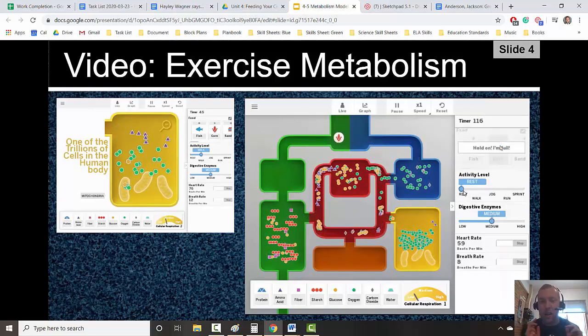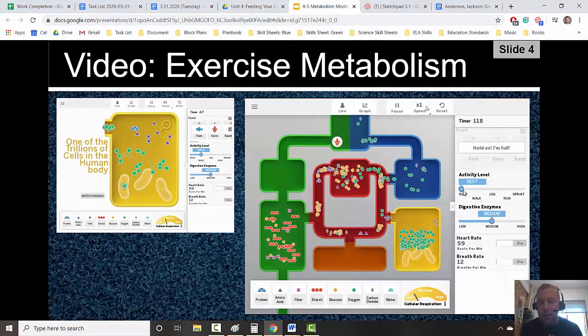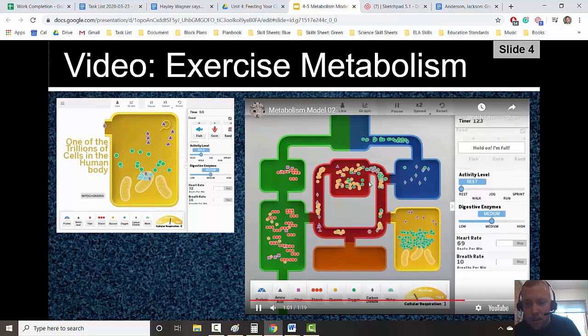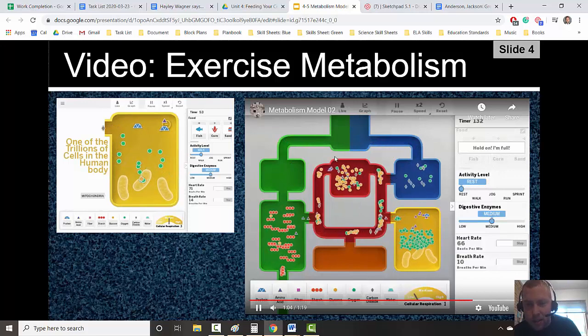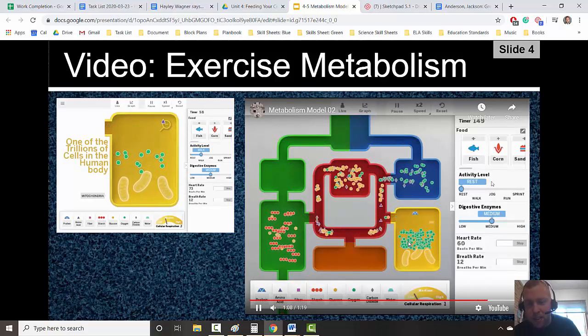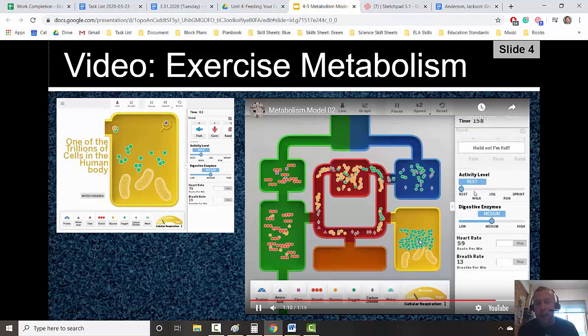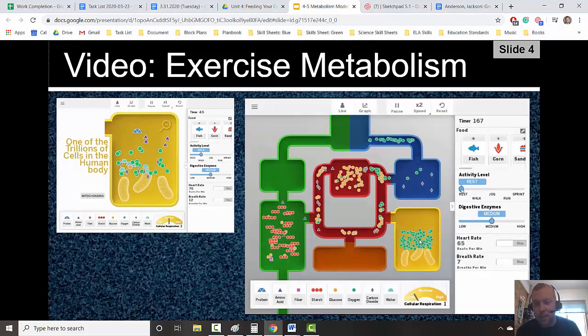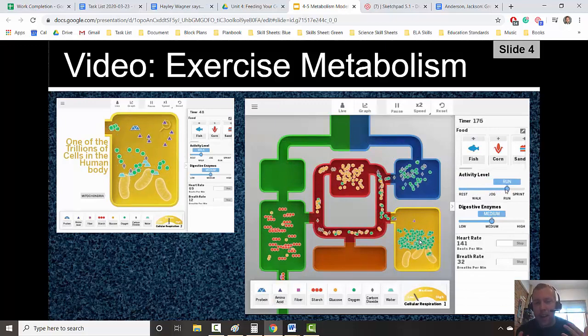And you'll also notice that's why your heart pumps faster when we exercise, so we see we're exercising here. Your heart pumps faster because your cells are basically crying out, hey, we don't have enough glucose, we don't have enough oxygen for cellular respiration. We need that now.